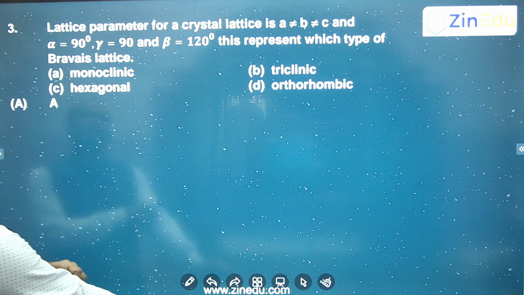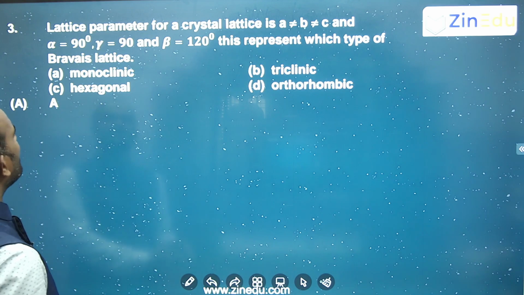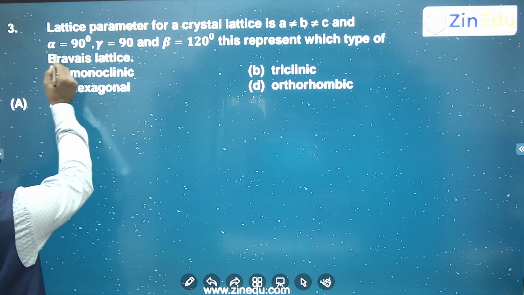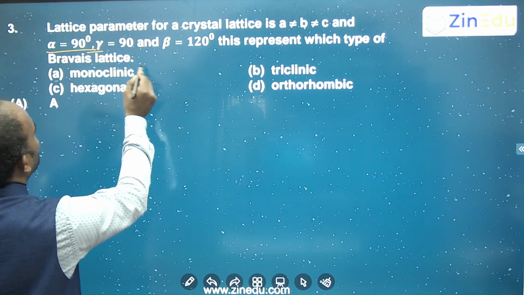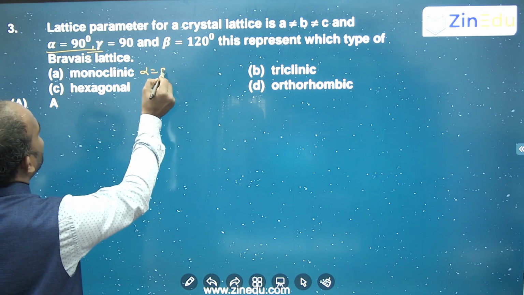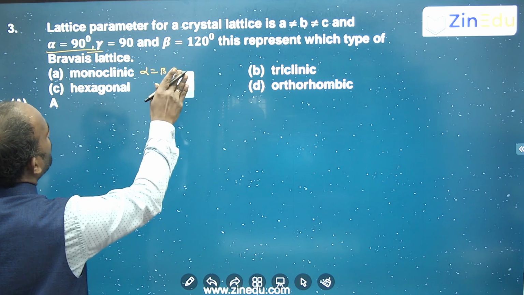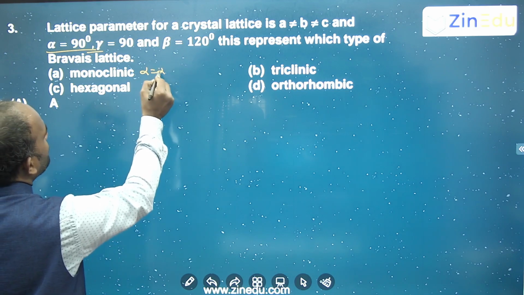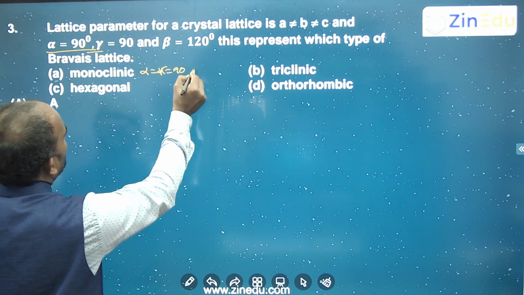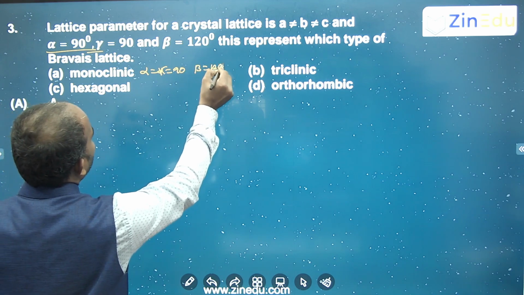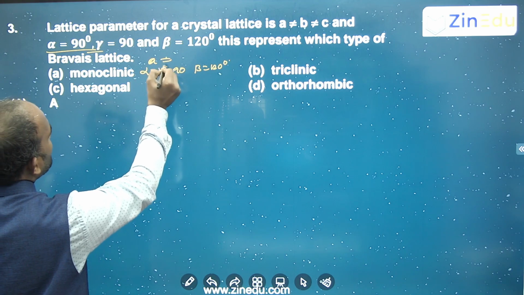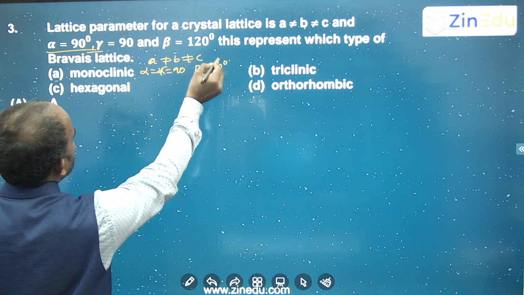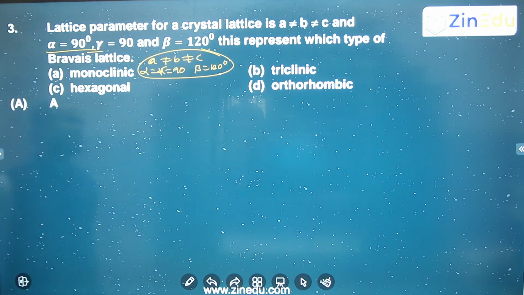Next, lattice parameters are given, and what is this? Alpha equal to gamma equal to 90 and beta is equal to 120 degrees. Here a does not equal b does not equal c. This is monoclinic.